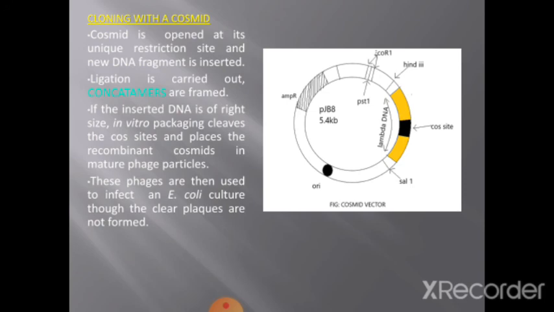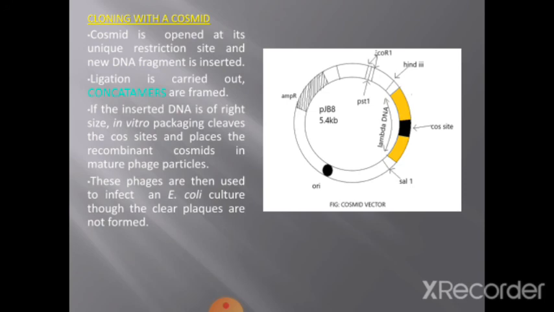Now, I have to tell you one more concept, what is known as concatemers, the formation of concatemers. This is a new concept you are going to learn with reference to cosmids. What exactly is done? You will cut open the cosmid at its unique restriction site, and you will add the new DNA fragment that is to be inserted. Then ligation is carried out so as to form the concatemers.